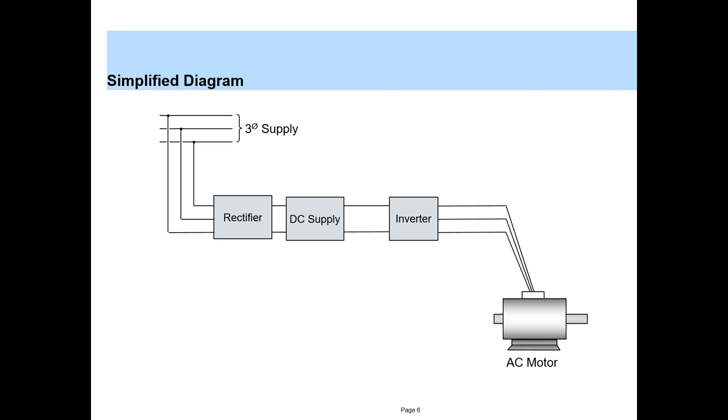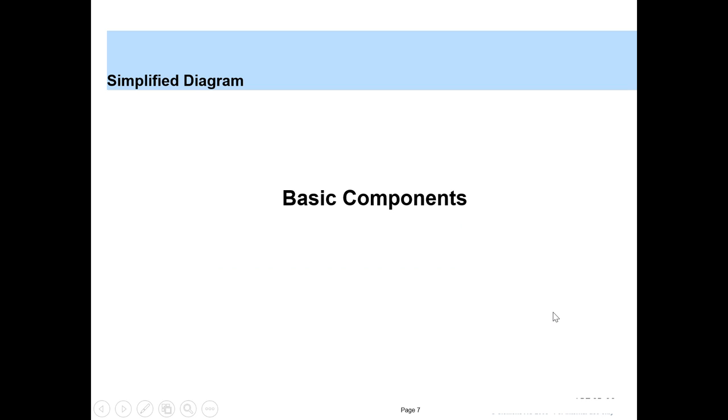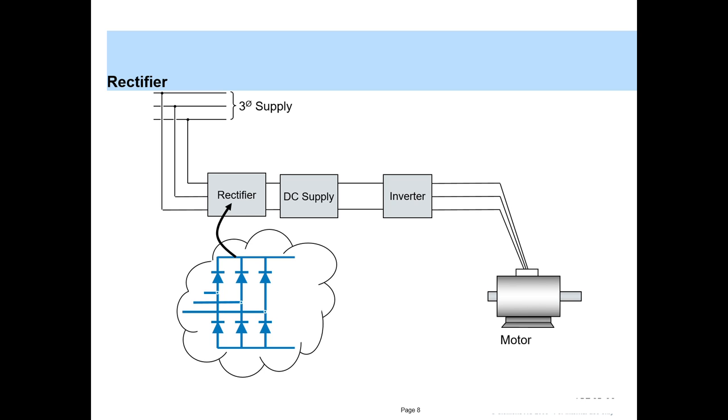If we now further look at the components that comprise a drive, we have a rectifier which converts AC supply into DC supply, and we have the inverter which converts the DC back into AC supply, which is given to the motor. So the basic components that are used to achieve these conversions are: first we have a rectifier.